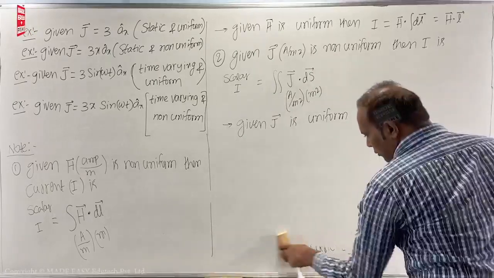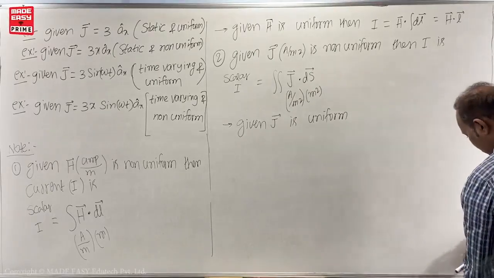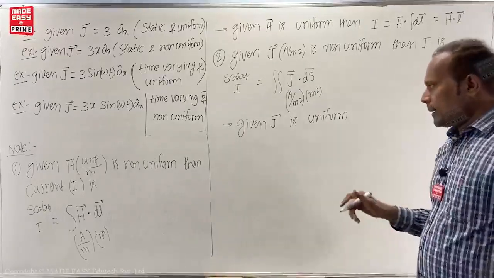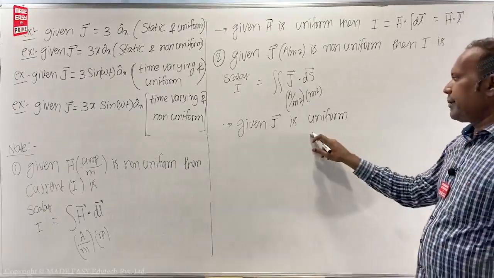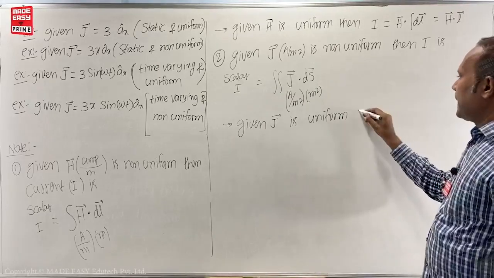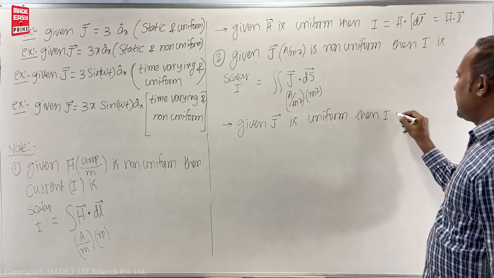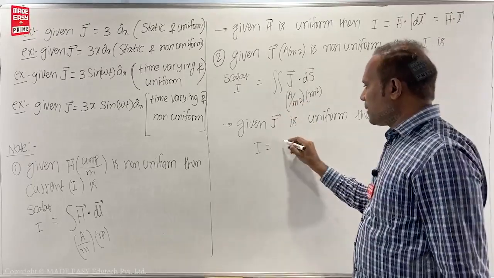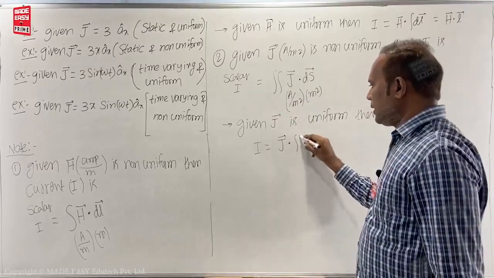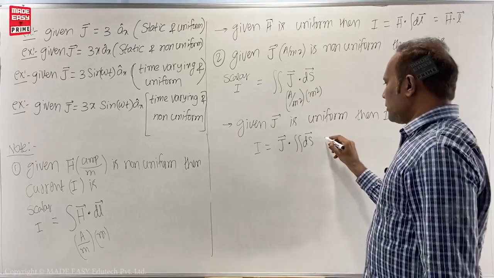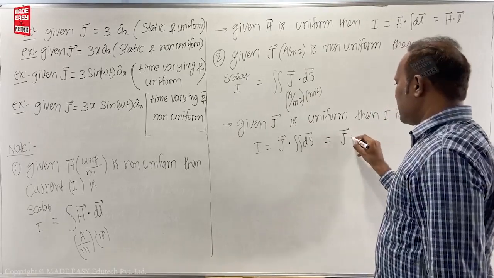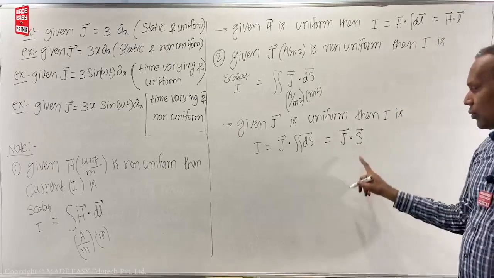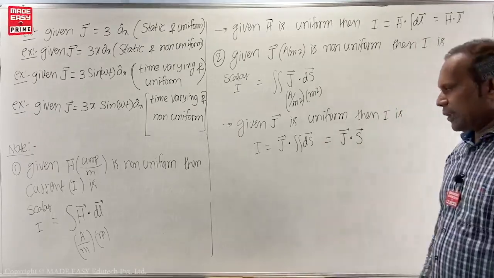So I am giving you hints now to simplify the formulas. Given J bar is uniform, then current I is simply equal to J bar comes out, so double integral ds bar, so that is nothing but J bar dot the double integral ds bar, which is the total surface vector. Already I have told you, you can revise that.